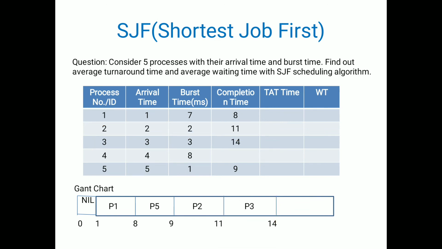So process P3 completes its execution at time 14. Write 14 in this column. Now we are left with one process, P4, and lastly P4 is executed. Its burst time is 8, and 14 plus 8 is equal to, sorry, 22. So process P4 completes its execution at time 22 milliseconds.